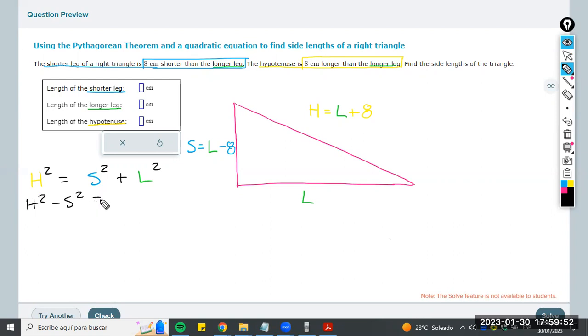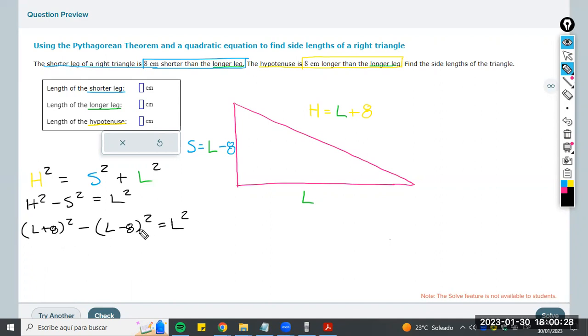You will see why, because it will help me with one big step in the calculations. It's good that we have H and S on the other side, because since we want to find the value of L, it's good to have it alone in here. Okay, so H, that is L plus 8 squared, minus S, that is L minus 8 squared, equals L squared.